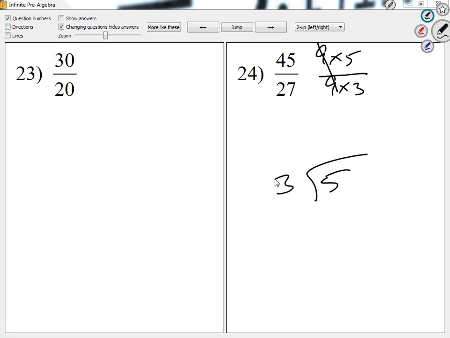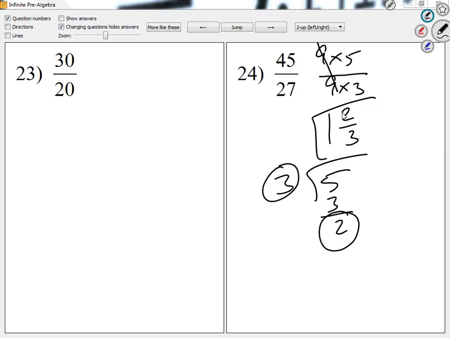How many times does 3 go into 5? 1 time. And then 1 times 3 is 3. My remainder is 2. So using the remainder and initial 3, I'm going to write 2 over 3. I have 1 and 2/3. Once again, if the bigger number is on top, we have an improper fraction, switch it to a mixed number. Any questions?